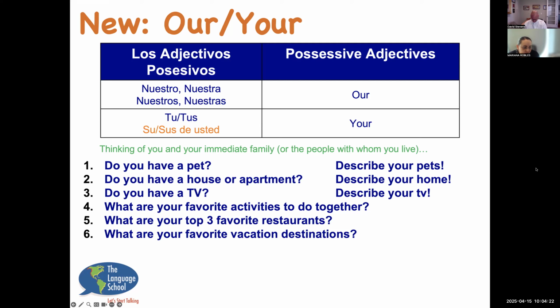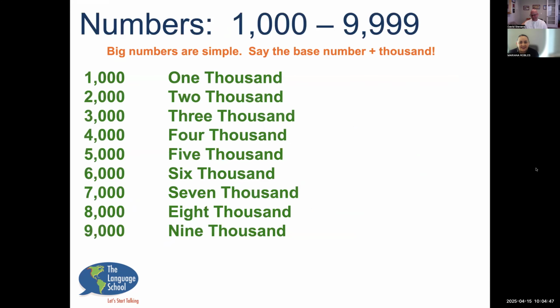Mariscos El Rey, Mexican food. Okay. Olive Garden. Good. What are your favorite vacation destinations? Our favorite vacation destination is to travel to New York. I love New York. I go 3 times. Wow. Okay, cool.